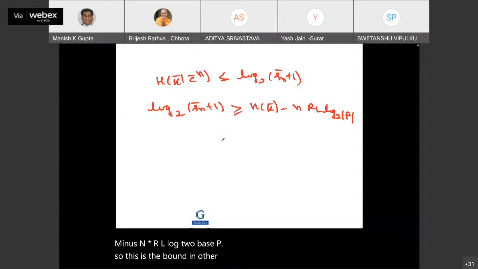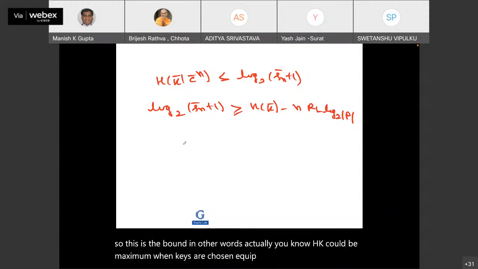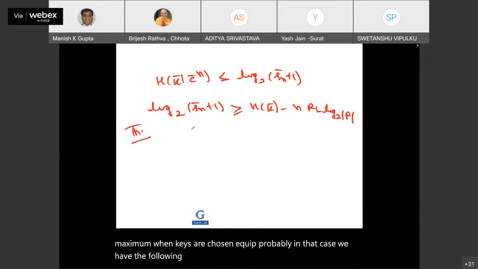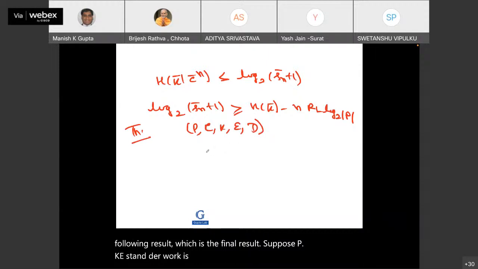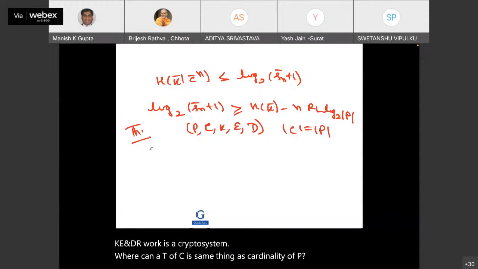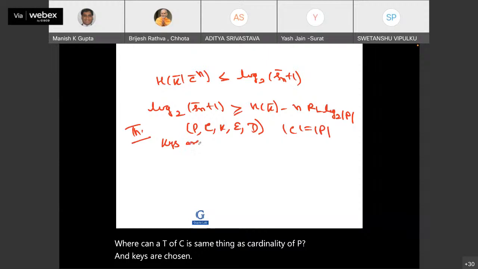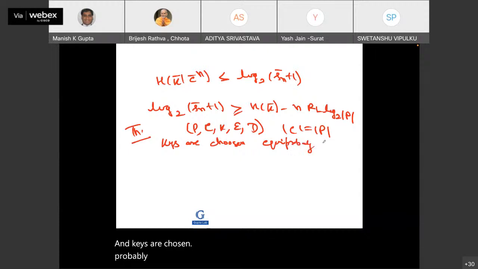In other words, HK could be maximum when keys are chosen equiprobably. In that case, we have the following final result. Suppose P, C, K, E, and D is a cryptosystem where the cardinality of C is the same as the cardinality of P, and keys are chosen equiprobably. In that case HK is maximum.